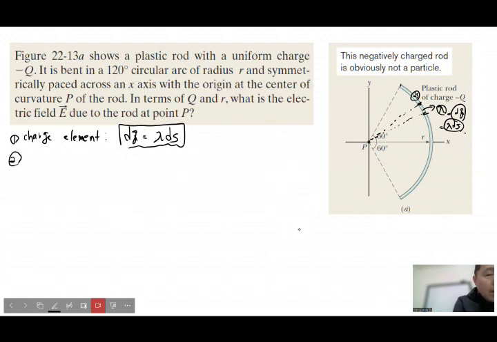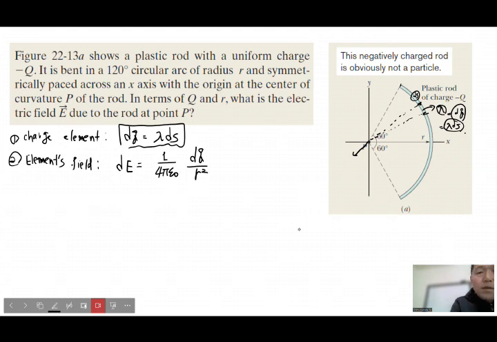Now we want to set up the equation of the element field from this line element. That is dE, the field from this line element, which is 1 over 4 pi epsilon naught times dq over r squared.